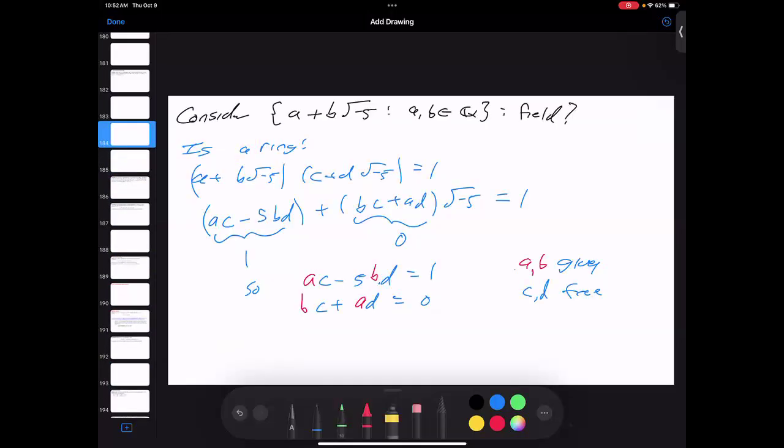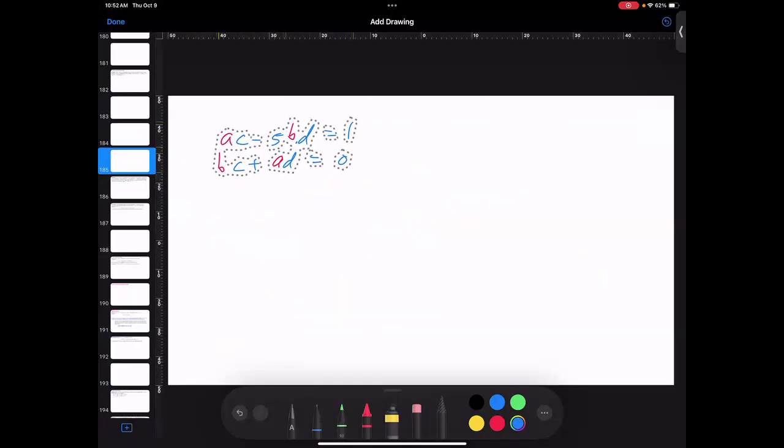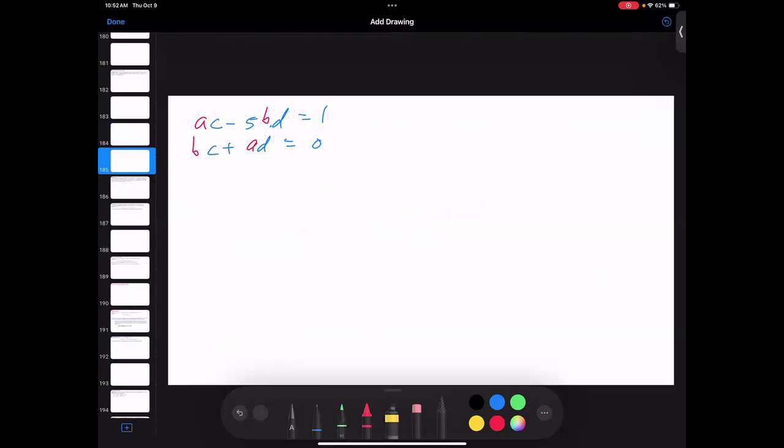So what we have here is a matrix equation. And so I can write this in matrix form as something times C, D equals 1, 0.